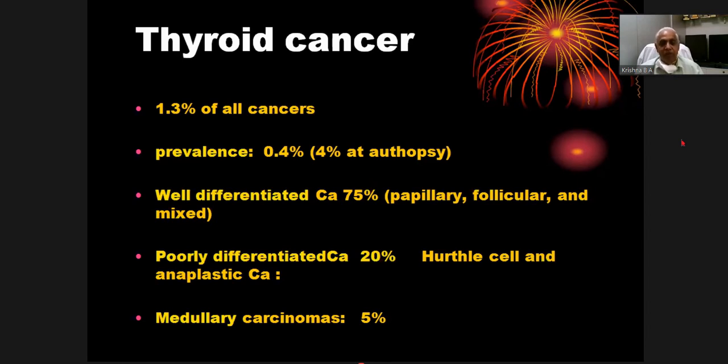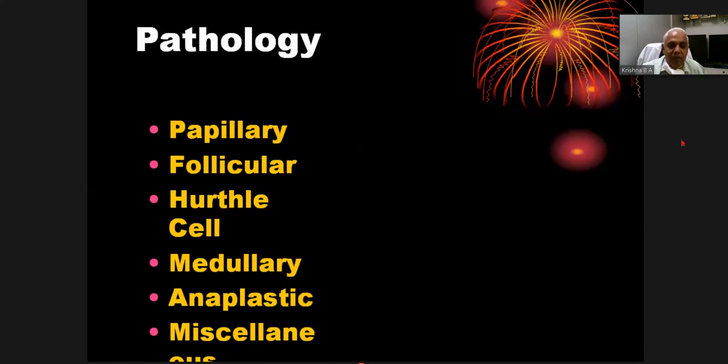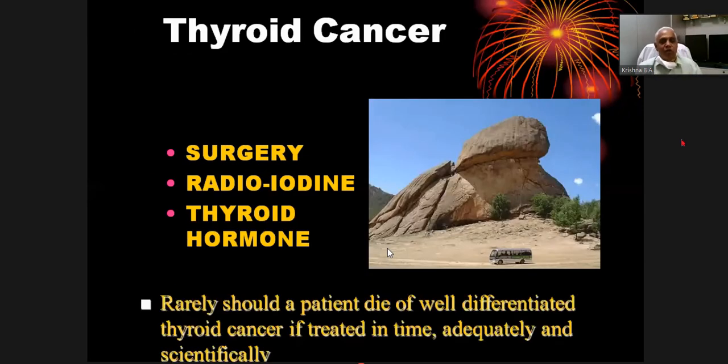Well-differentiated cancer forms the main core of this group, 75%: papillary, follicular, and mixed. Poorly differentiated forms about 20%: Hürthle cell and anaplastic carcinomas, and medullary thyroid cancer, 5%. So pathologically speaking, papillary, follicular, Hürthle, medullary, these are what I'm going to cover today in this small talk.